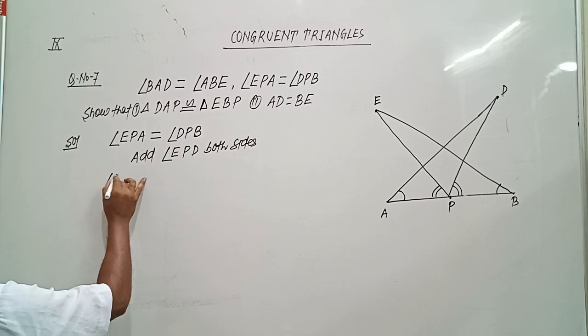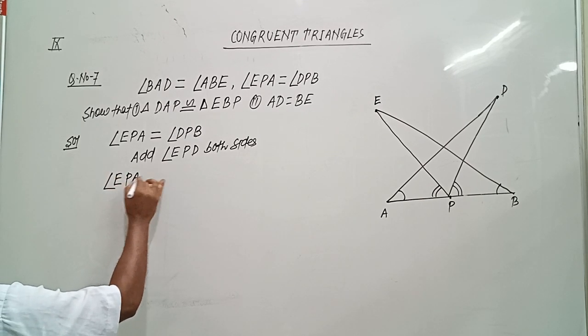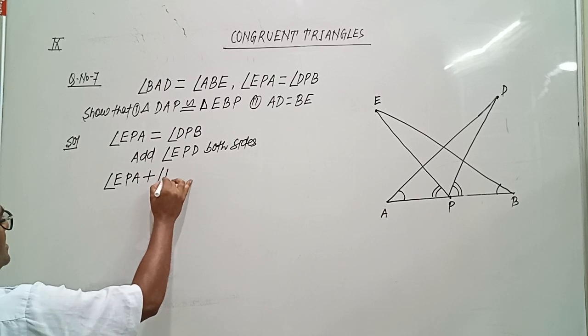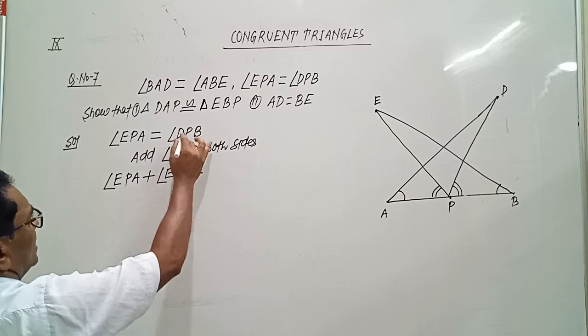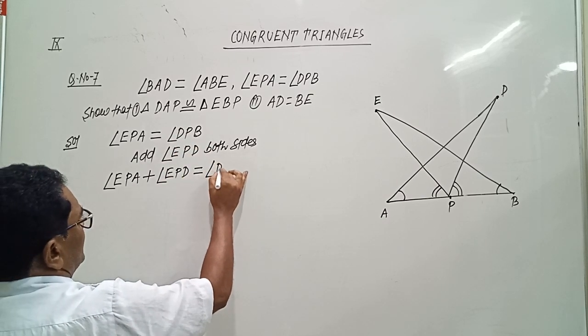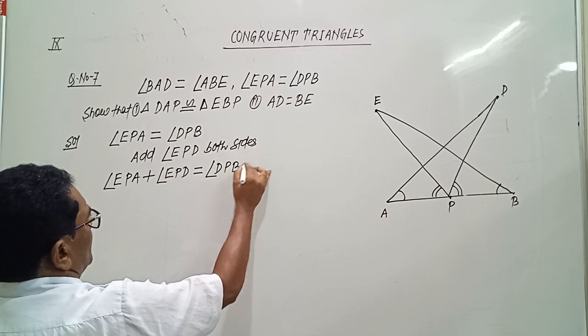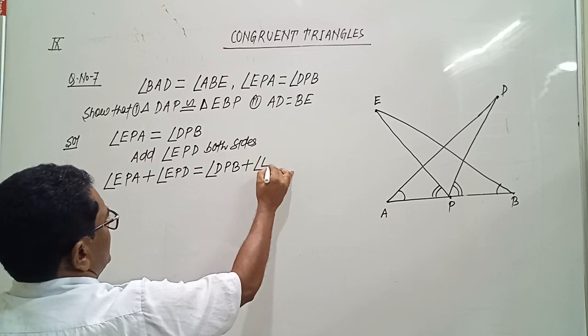We get angle EPA plus angle EPD equals angle DPB plus angle EPD.